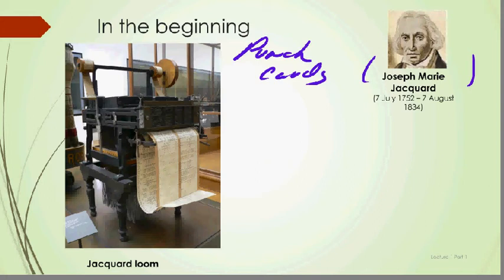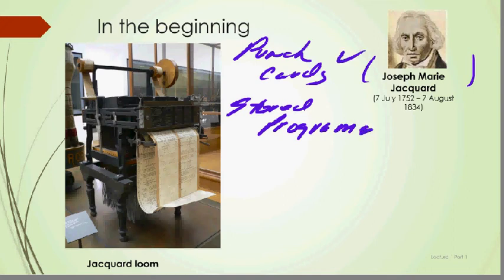And Mr. Babbage borrowed that idea from Mr. Jacquard and came up with the idea of using punch cards in order to encode those stored programs that made his analytical engine function. So you have two concepts here, the punch cards and the stored programs. Stored programs are still in use today, but the punch card was still in use as late as the late 1960s and early 1970s, using punch cards to control computers.